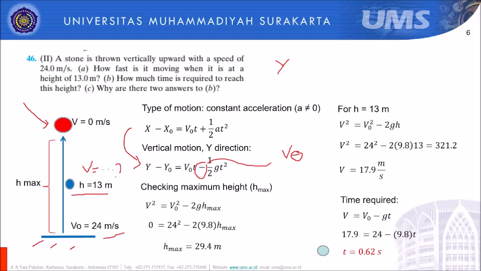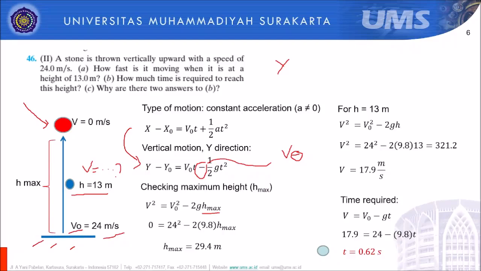It's better you first check the maximum height from this initial speed. We have the value of the initial speed, so try to use this equation: v squared equals v0 squared minus 2gh.